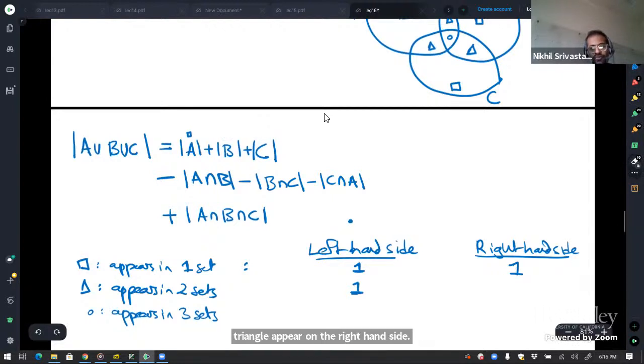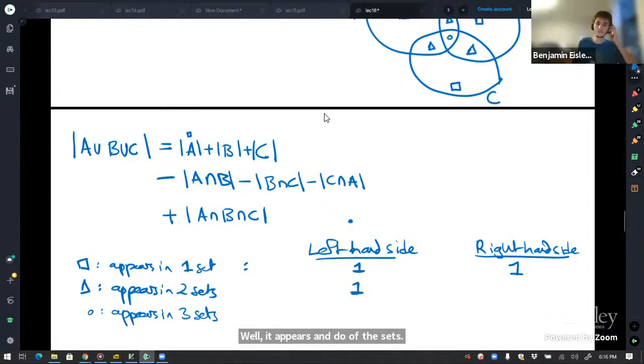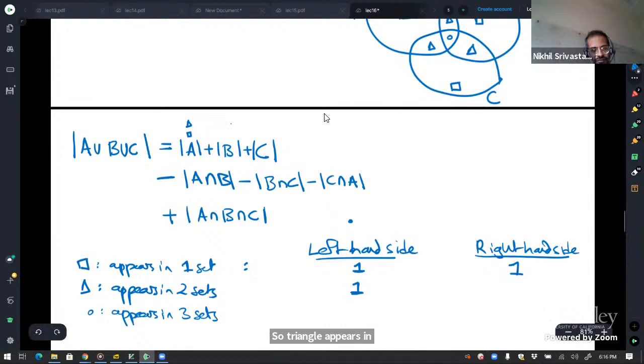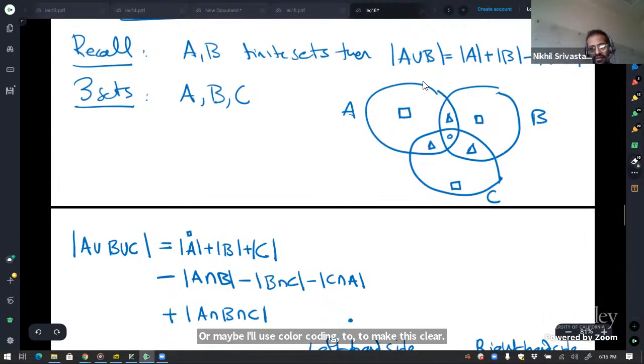Well, it appears in 2 of the sets. So triangle appears in 2 of these first terms. Or maybe I'll use color coding to make this clear. So let's look at this triangle.